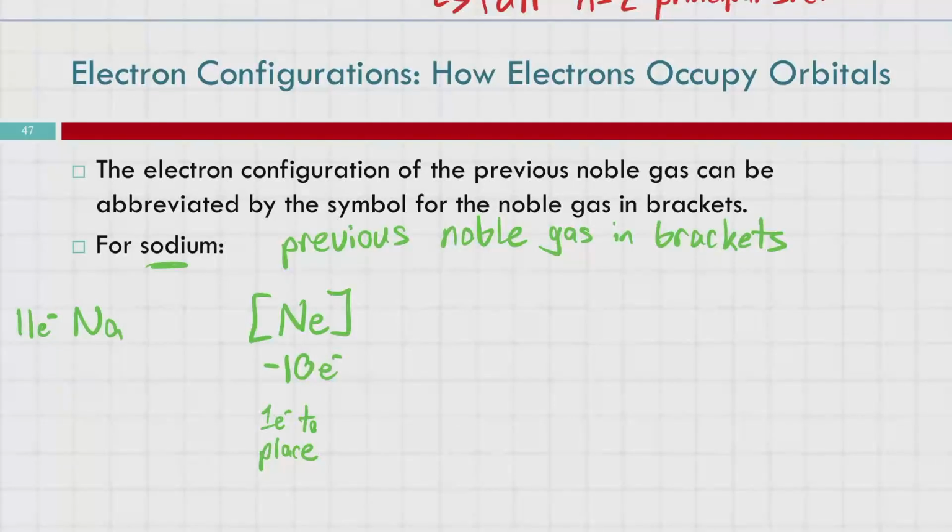And our next place that we can put electrons is 3s. We only have one electron, so it's 3s1. And that's our entire electron configuration. Wasn't that easy?